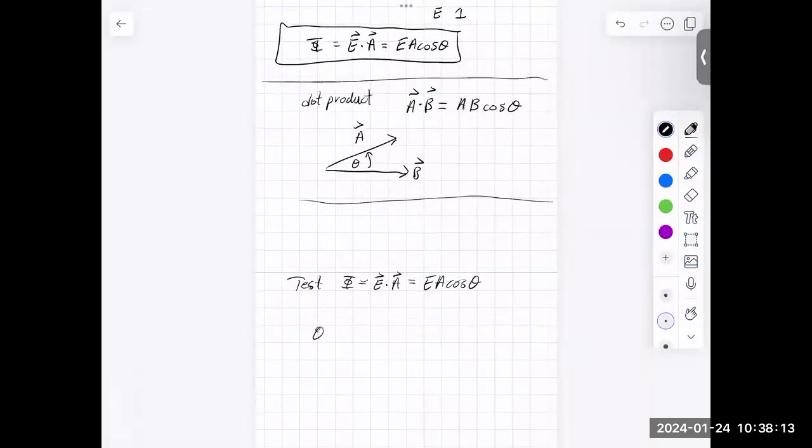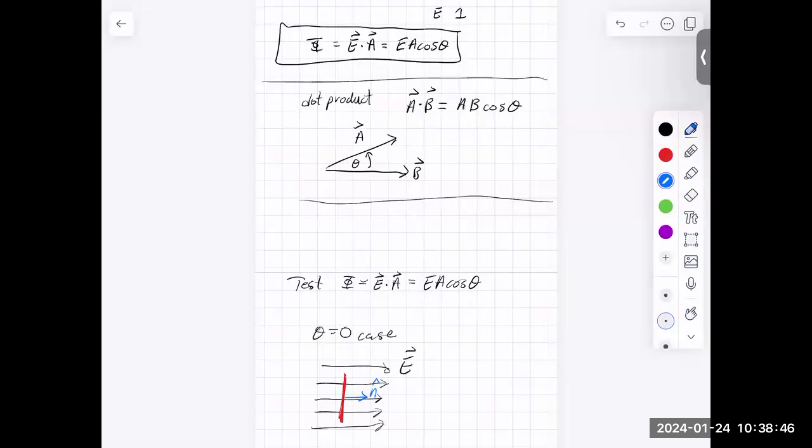Okay, let's take the theta equals 0 case. So what we're going to have is an electric field that's uniform and theta equals 0. So that means the normal vector of our area is exactly parallel to the electric field. Okay, so then our surface would be like this, and our normal vector would be like this, and theta is equal to 0.